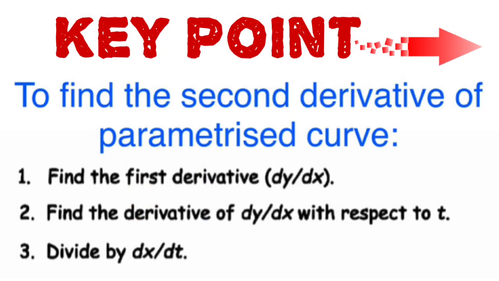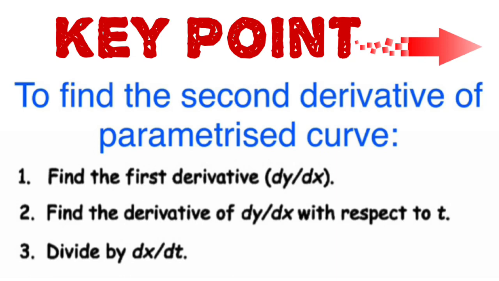Now, this second key point is also very important. That is to find the second derivative of a parameterized curve. Here I have mentioned 3 steps. With the help of these 3 steps, we can find out the second derivative of a parameterized curve.